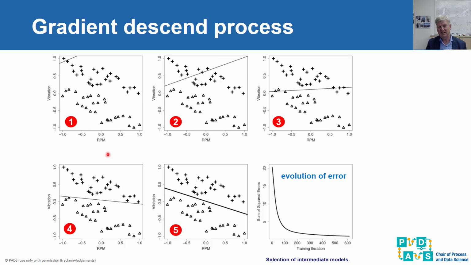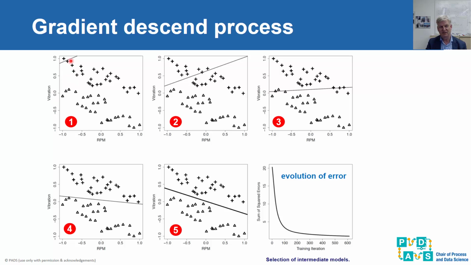Now, if you look at the gradient descent process and we visualize it, we can see that exactly the same mechanism is being applied. We first randomize, and then we have an initial regression line trying to separate the data.